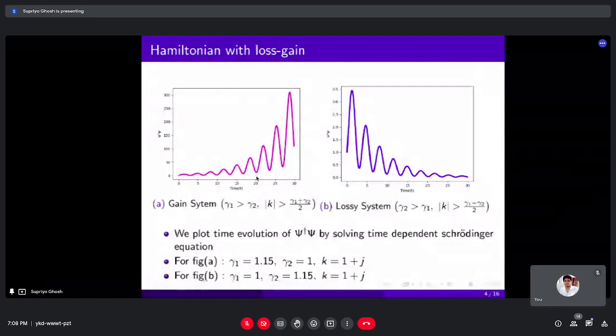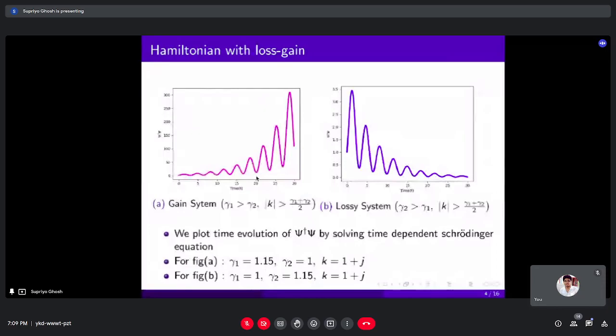But when the reverse happens, that is gamma 2 is greater than gamma 1, then psi decreases with time. So now this is a lossy system, and gamma 2 acts as a loss parameter.